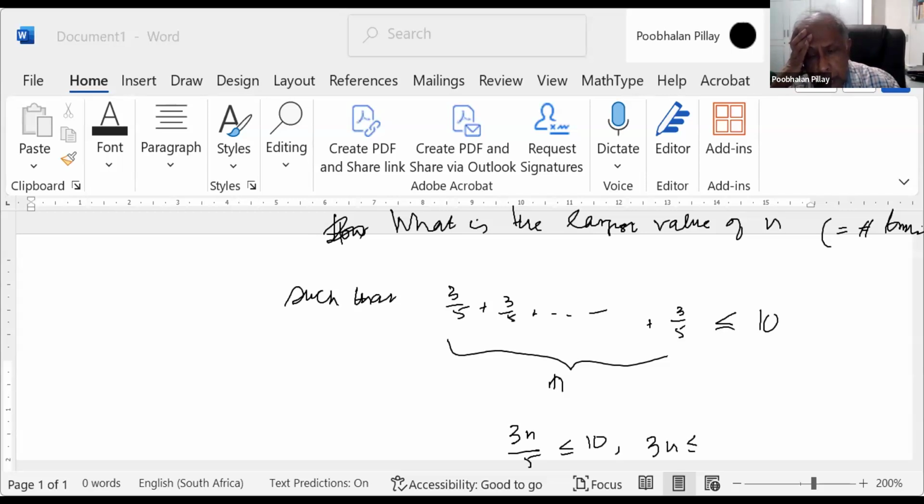3n is less than or equal to 50. So you see n doesn't go exactly into 50. So n is less than or equal to 50 over 3, which is 16 2/3. And n is a counting number because it's the number of meetings. So the largest counting number, the answer, is 16.